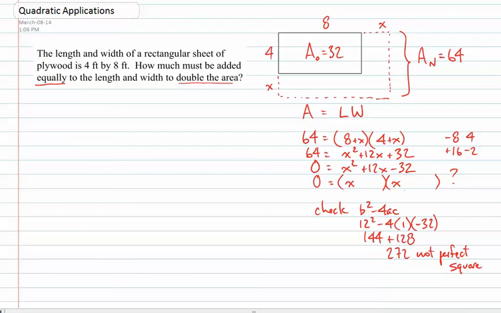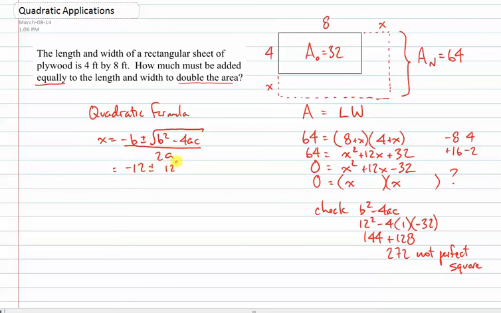So I'm going to need to use the quadratic formula. So let's do that over to the left here, as I have some space there. Quadratic formula, I would write x equals negative b plus or minus the square root of b squared minus 4ac, over 2 times a.